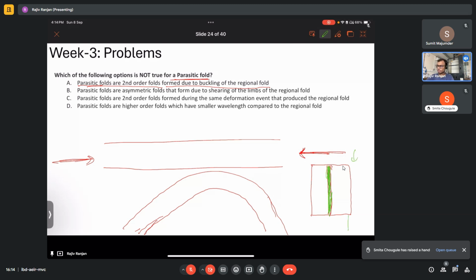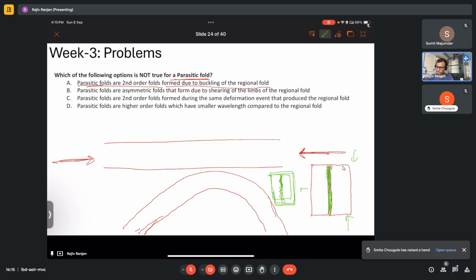Now when you try to compress this, you can imagine that the larger block will first shorten, so it will get thickened, but a smaller one will start getting folded.